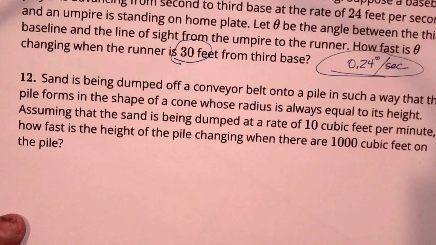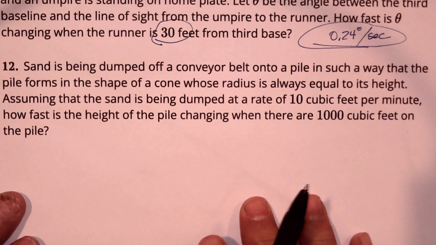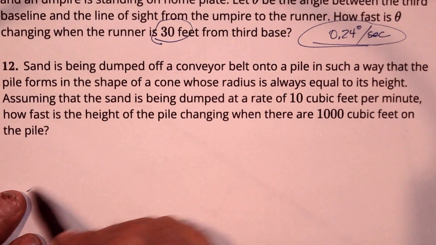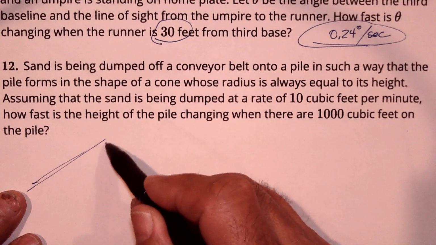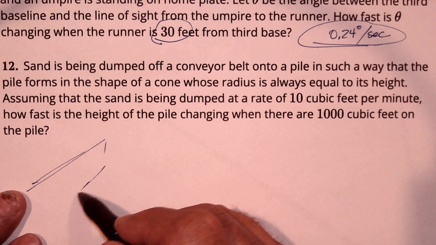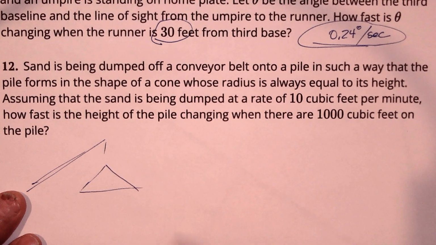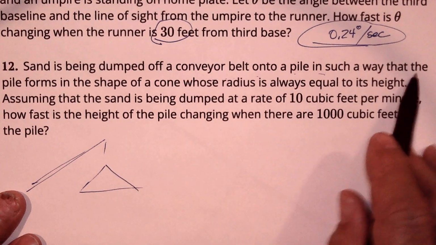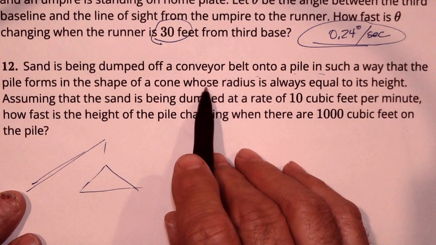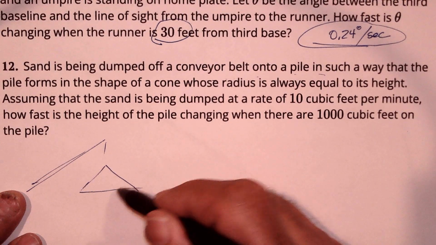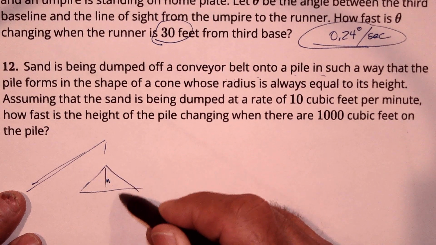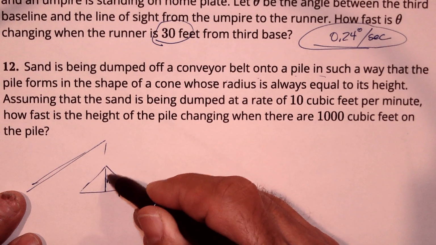Okay. And finally, this is one of them I mentioned. Sand is being dumped off a conveyor into a conical pile, a very typical problem, in a way that forms a cone whose radius is always equal to the height.